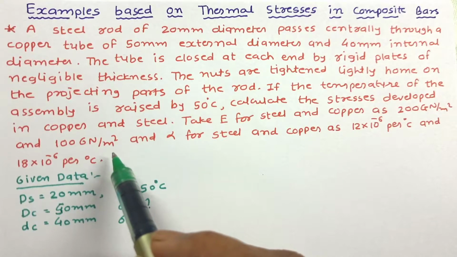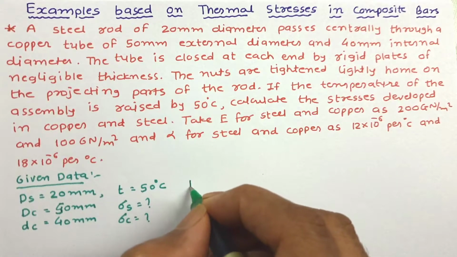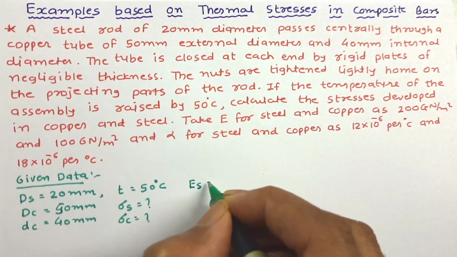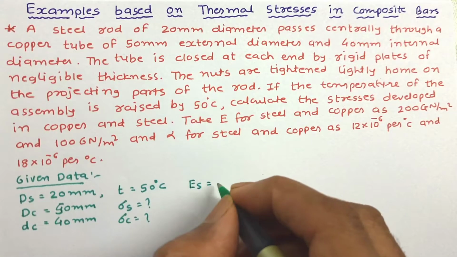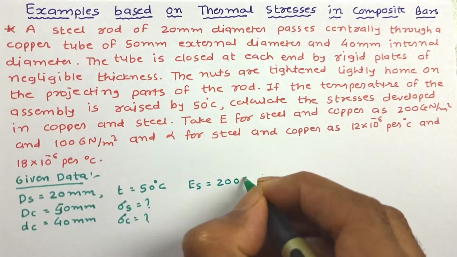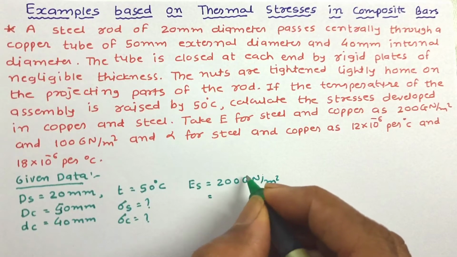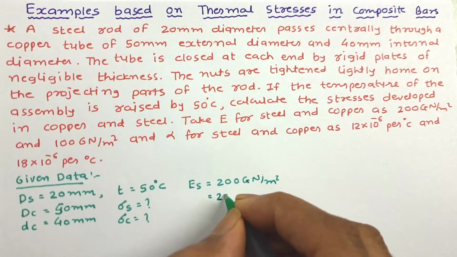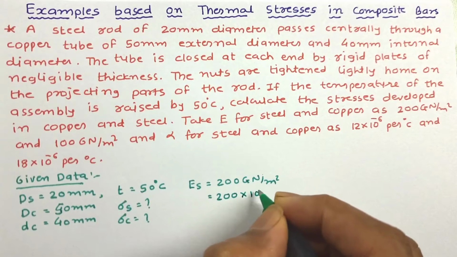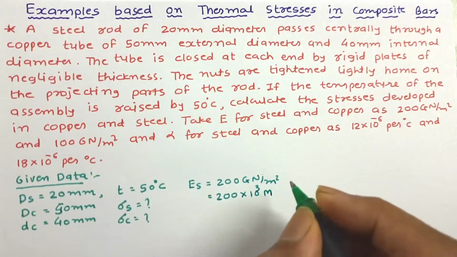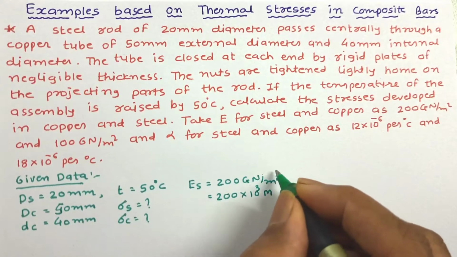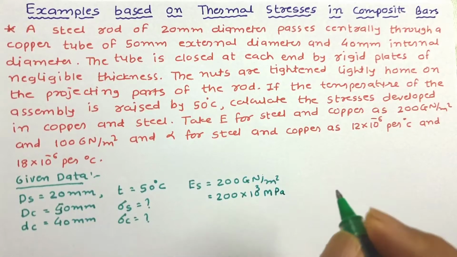So here we have been given the modulus of elasticity of steel, that is 200 gigaNewton per meter square. Know that giga is 10 raised to 3 mega, so we can write 200 into 10 raised to 3 mega, and Newton per meter square is Pascal.